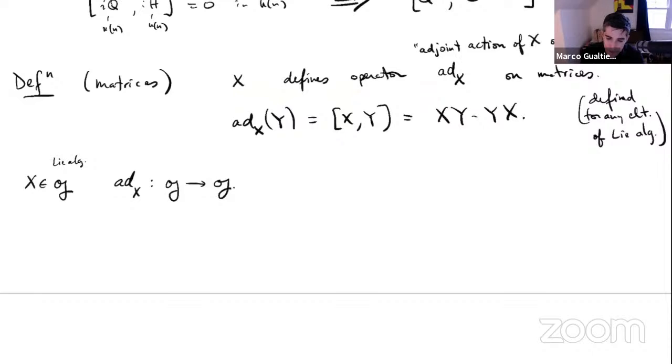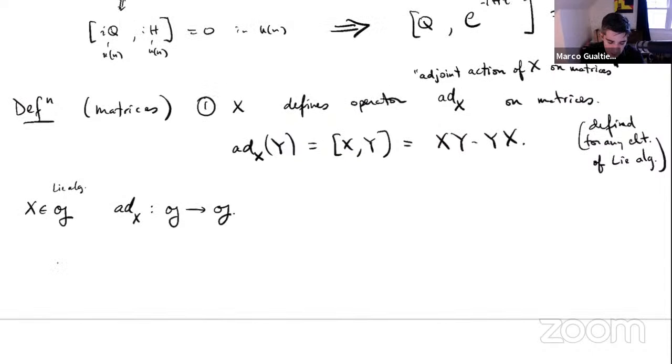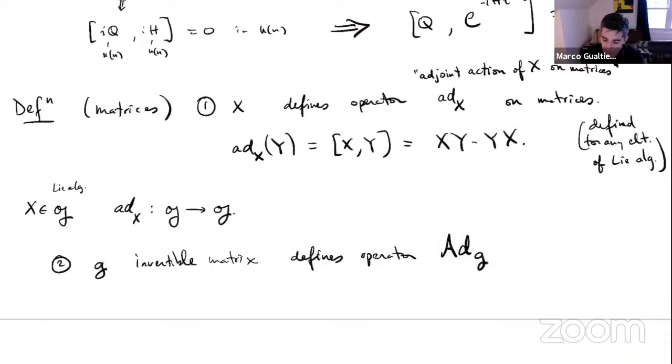And on the other hand, number 2, if G is an invertible matrix, it defines an operator which is called uppercase Ad G on matrices.